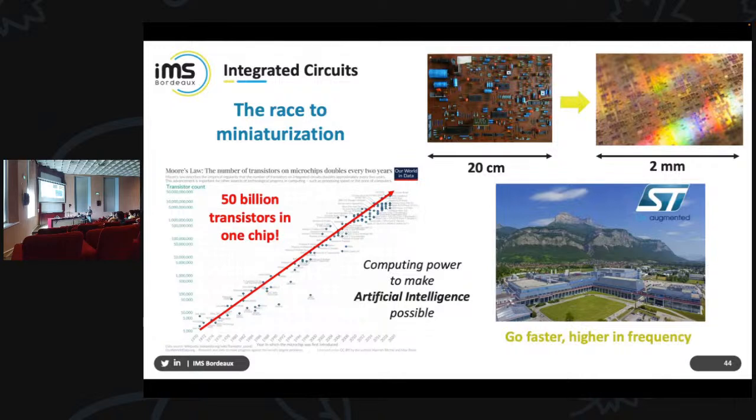We have seen it. And thanks to the miniaturization, this is what I was talking about before. Now in a chip, I said that we have tens of billions of transistors. The main invention of the 20th century is the transistor. And tens of billions is enough now to produce the signal processing to implement the artificial intelligence.